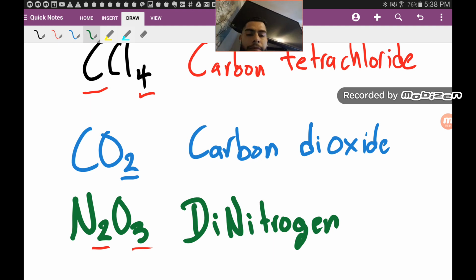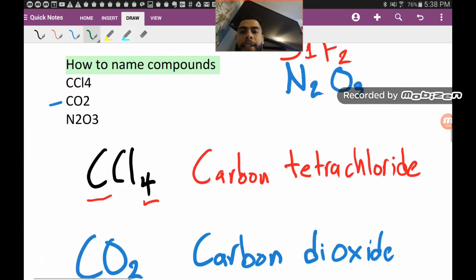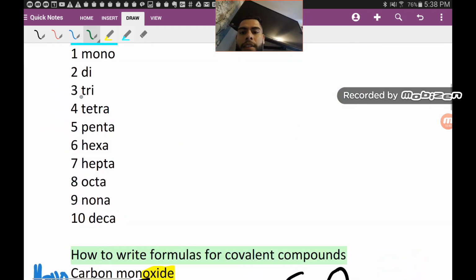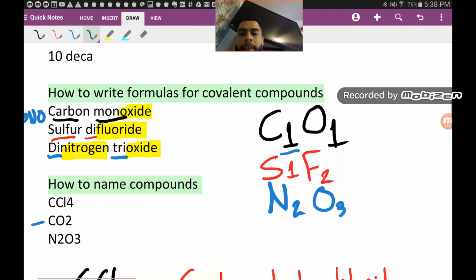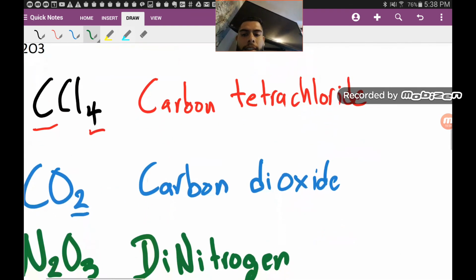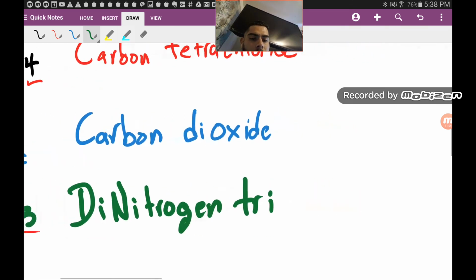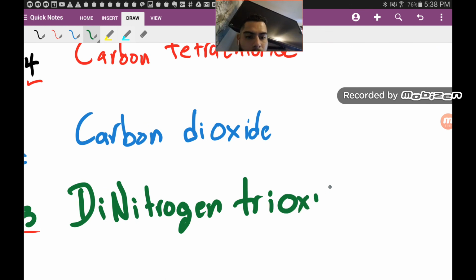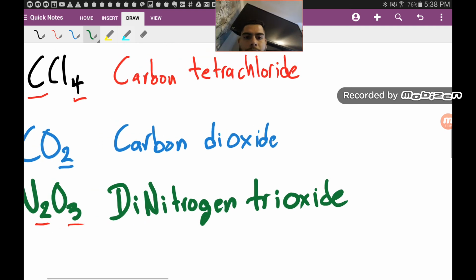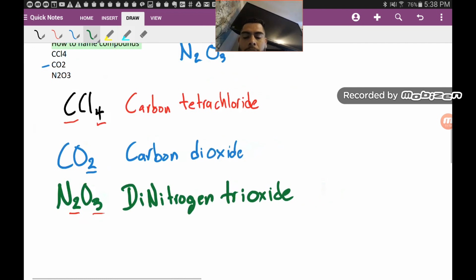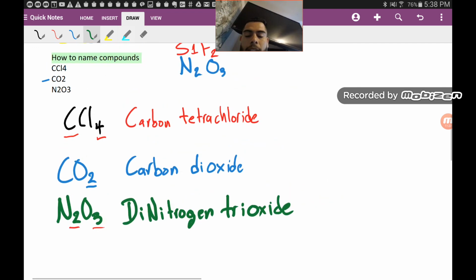The prefix for three is tri, so we write tri, and then the element is oxygen, so it's going to be oxide. We change the ending to ide. Okay, so that is how to name the compounds from the formula.